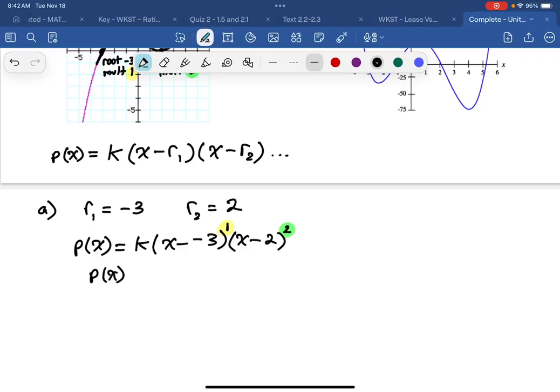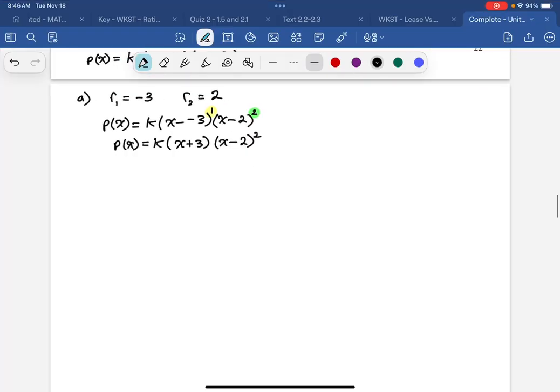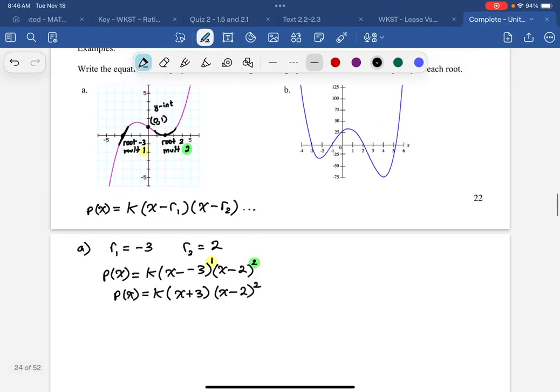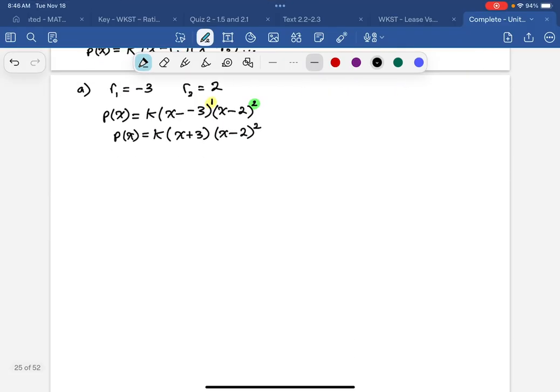So p of x is equal to k times x plus 3 times x minus 2 squared. So now we need to figure out what the k is. We know from the graph that the y-intercept is (0, 1).